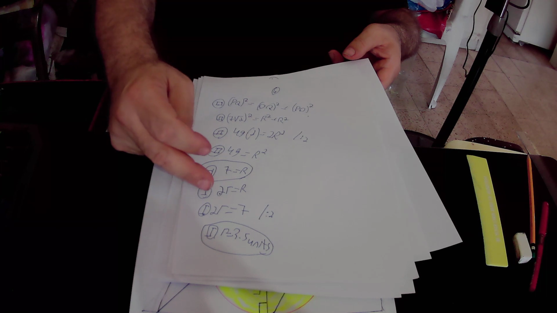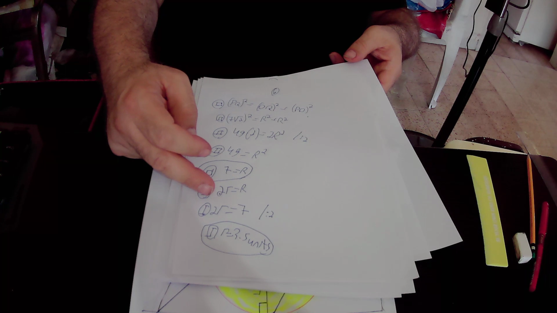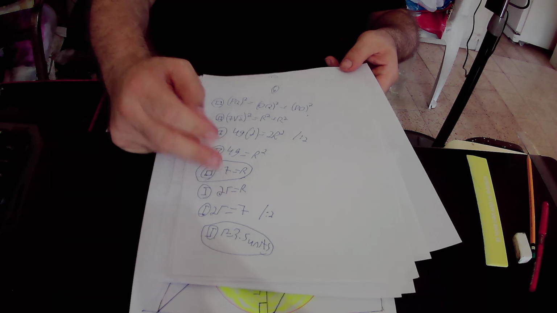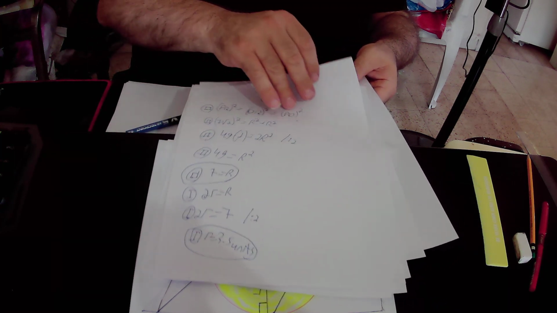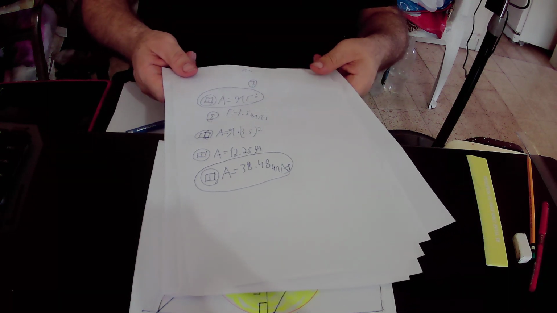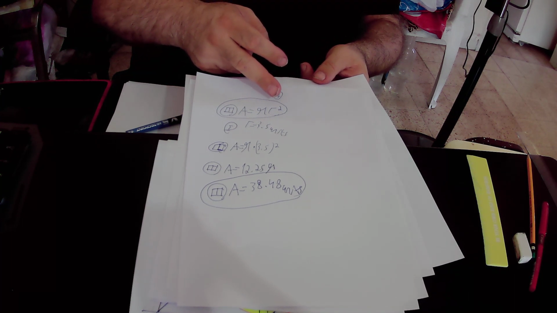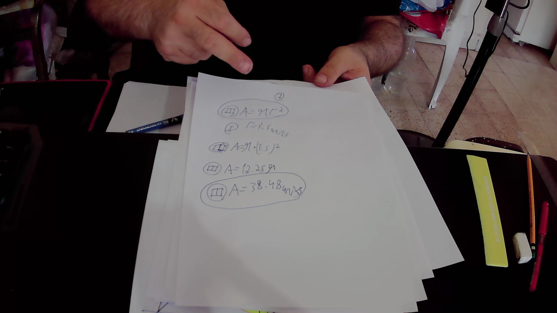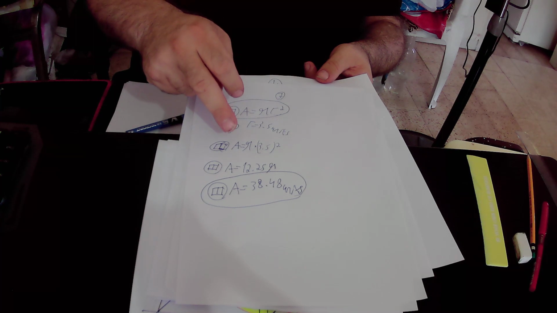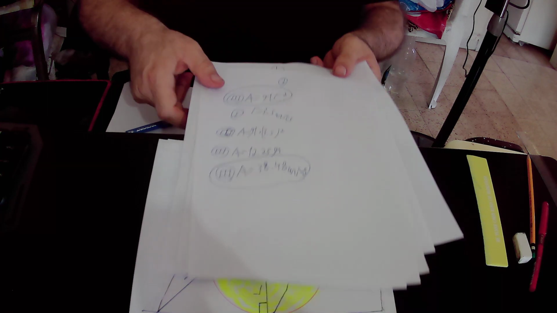So in the first equation we substituted capital R by 7, and we got that the small radius equals 3.5 units, and the area equals pi times the radius squared, but we know the value of the radius is 3.5 units, so we can substitute r by 3.5 units, and we got that the area of the yellow circle equals 38.48 units.